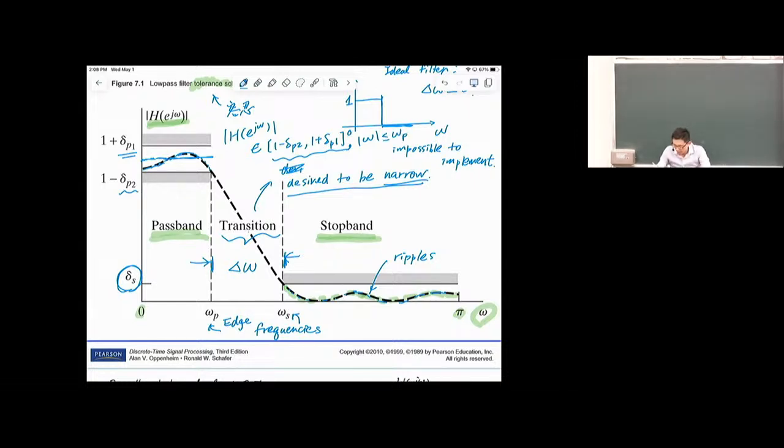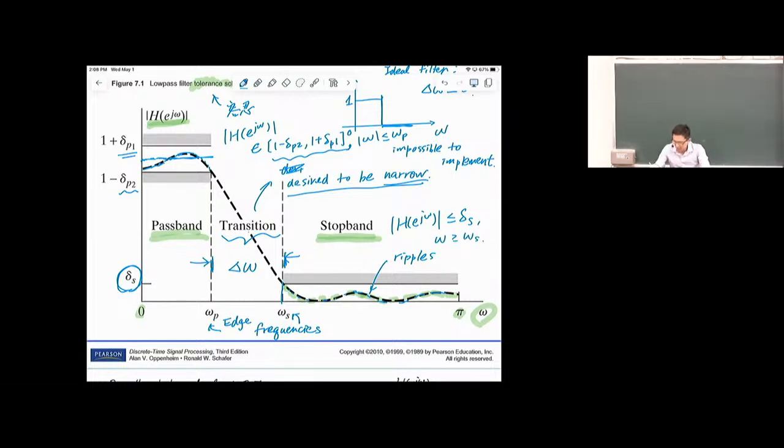And for the stop band, we can have a tolerance such that the stop band gain itself needs to be smaller than a stop band tolerance for any omega that's greater than omega s.